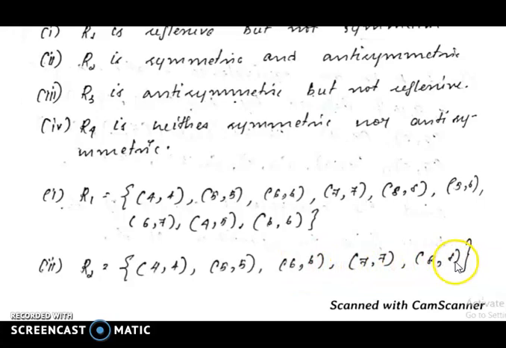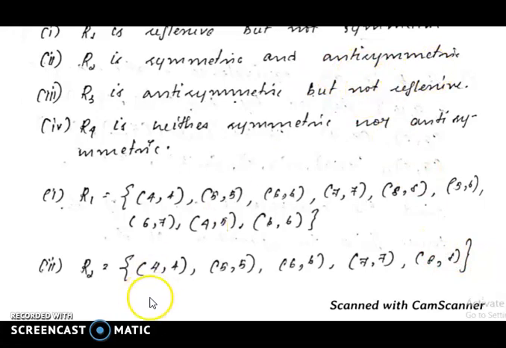So for all the entries it is here. So this is symmetric. Anti-symmetric means A comma B belongs to R, B comma A is an element of R, then A is equal to B. So here you have A equal to B cases. In all the cases A is equal to B, so it is anti-symmetric.